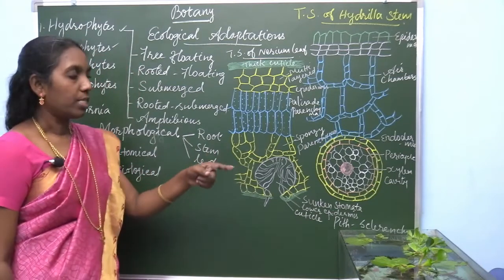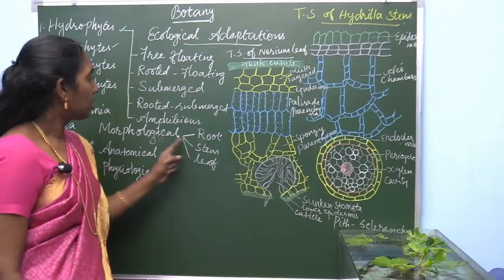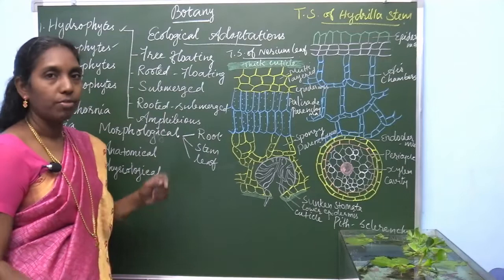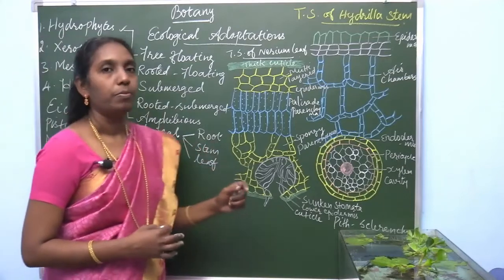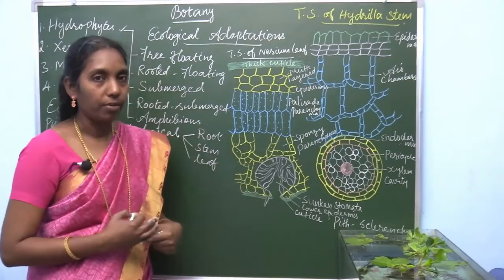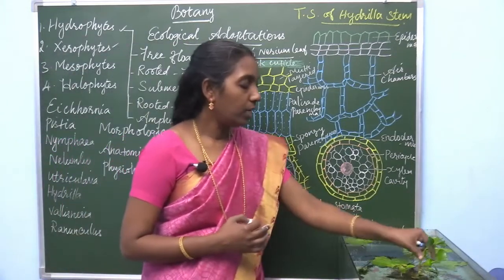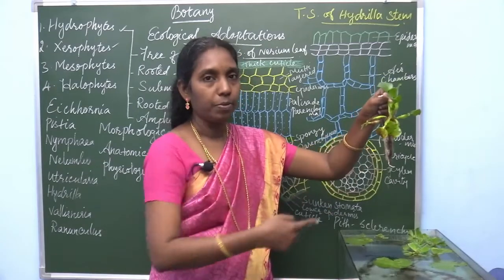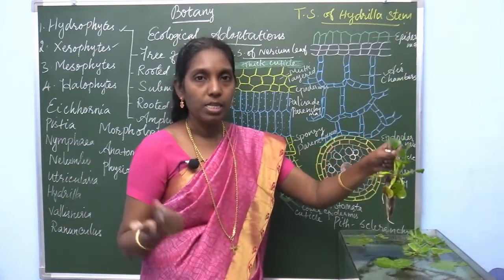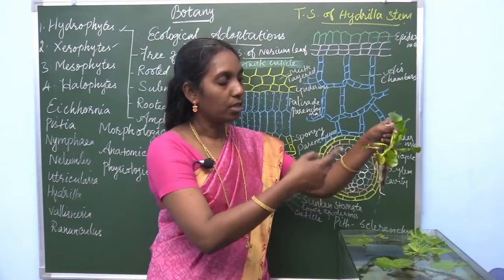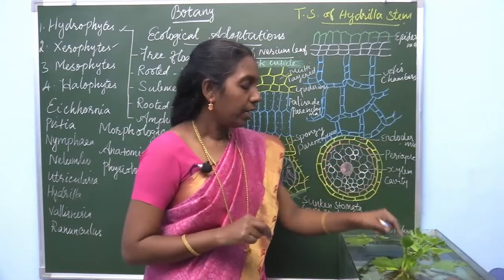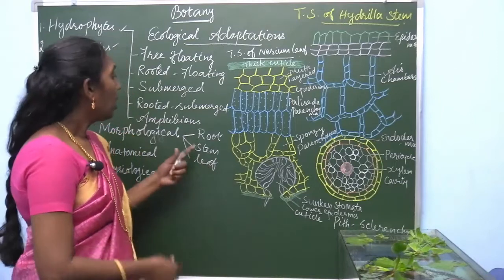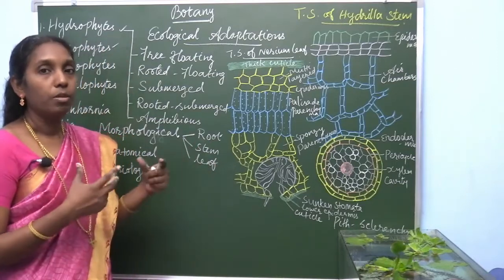In these aquatic plants, whether free floating, rooted floating, submerged, rooted submerged, or amphibious, the roots are poorly developed compared to the mesophytes. The roots are poorly developed and sometimes the root may be absent.